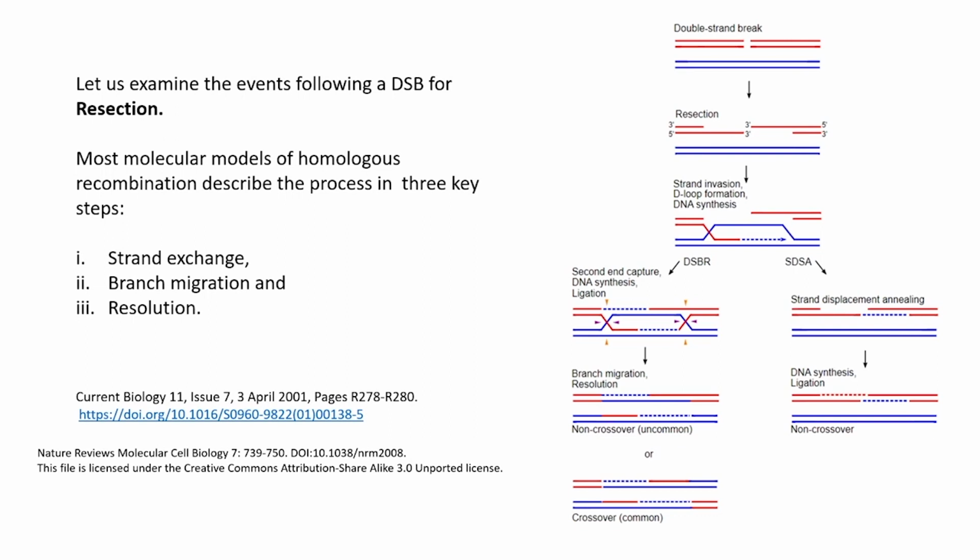Once a double strand break occurs, one of the events that follows immediately is the resection. Most molecular models of homologous recombination describe the process in three key steps. The first one is the strand exchange, you can see over here, then the branch migration and finally the resolution.